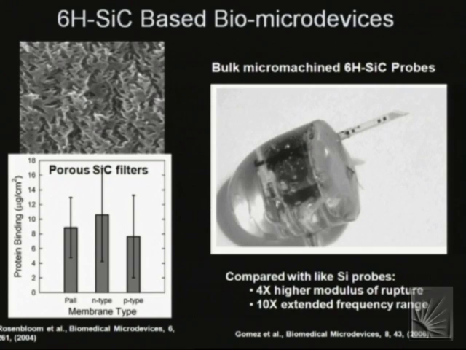The other example, which is closer to some of the work I'm working on, is the use of a 6H silicon carbide substrate as a probe for neuro and other biological interfacing applications. And the photograph shown here on the right-hand side of the slide is such an example. The silicon carbide probe is here.